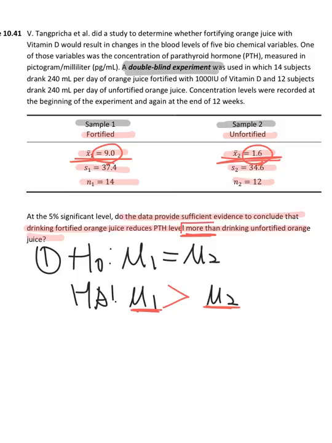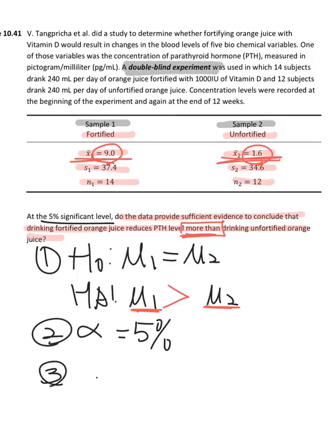So at least it is not two-tailed, not equal to, then you just plug in the two sample means. It just follows the directions. Next, alpha. Can you see the significance level? 5%.